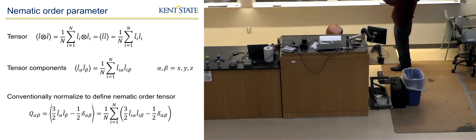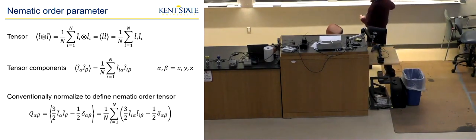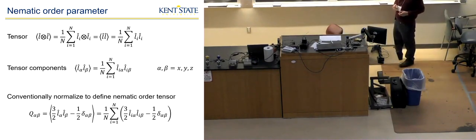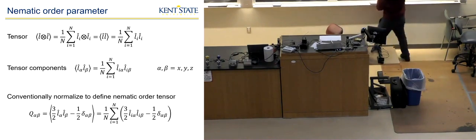You could stop there, right? I mean, that's good for a definition. Conventionally, most people multiply this by a factor of 3/2, and then they cleverly distribute the 3/2. And now this is negative 1/2, and this is 3/2.